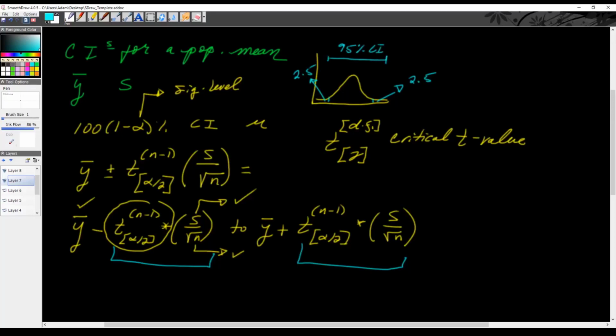And we're going to be able to make statements like, I'm 95% sure that the true population mean is in between this bottom number and this top number. So that's pretty amazing when you think about it.